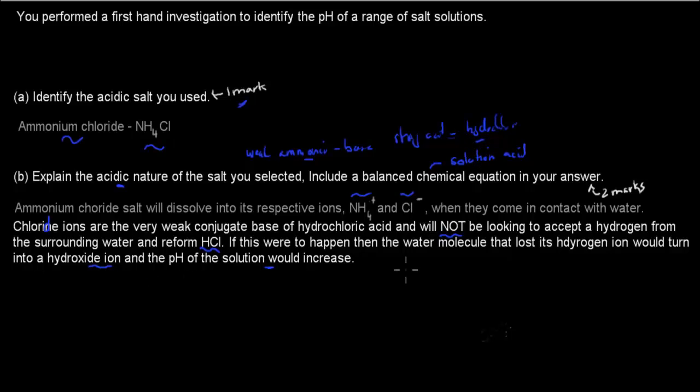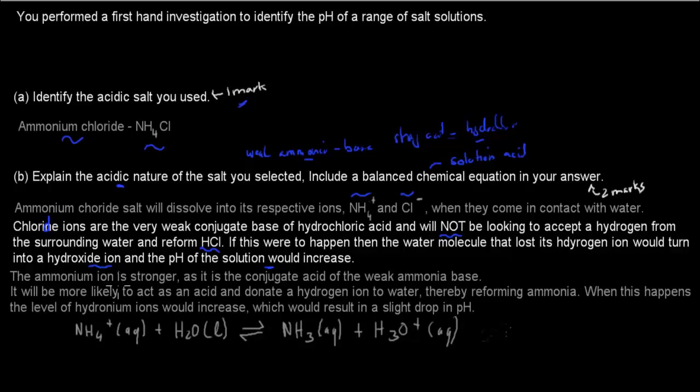So we talked about the chloride ion and how it's very inactive, and then the other one, the ammonium ion. The ammonium ion is stronger, as it is the conjugate acid of the weak ammonia base. So we have a stronger conjugate acid compared to the very weak conjugate base, the chloride ion.